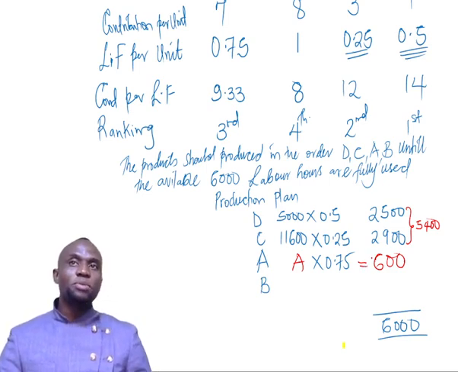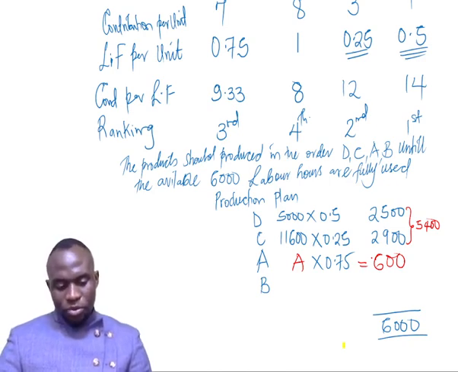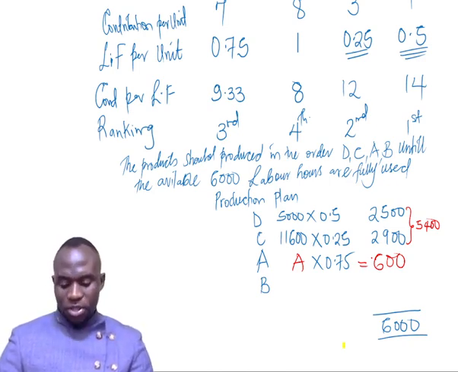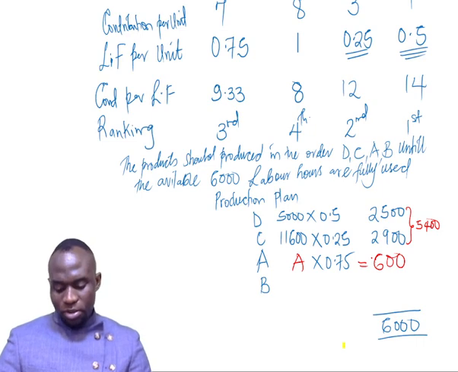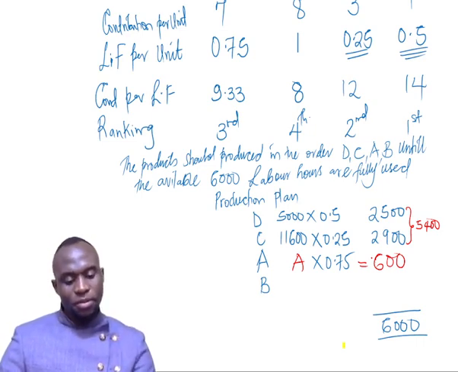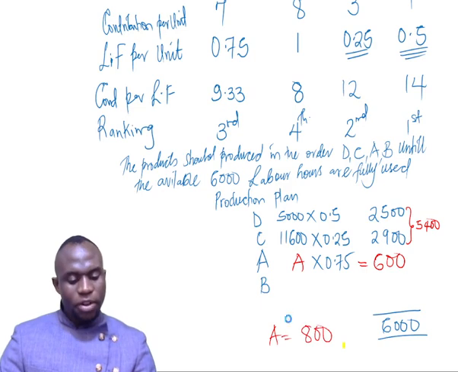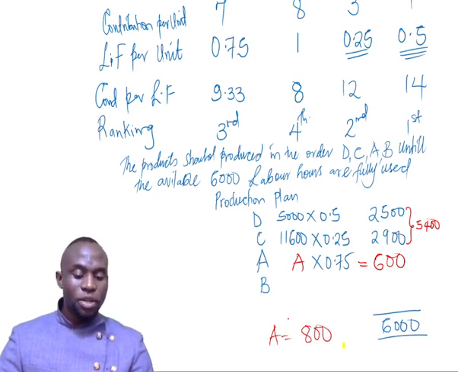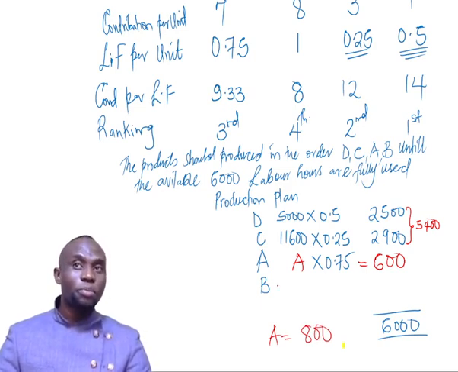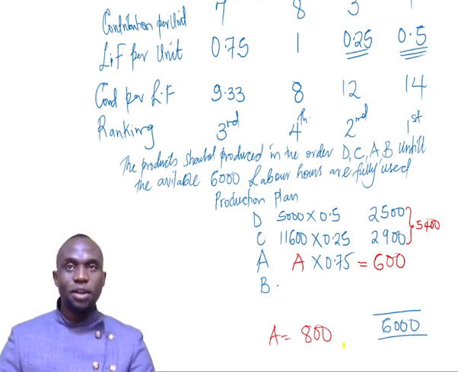So we solve this: 600 divided by 0.75, and the answer is 800. So A is 800 units. It means we are not going to produce product B because the hours are fully utilized now.